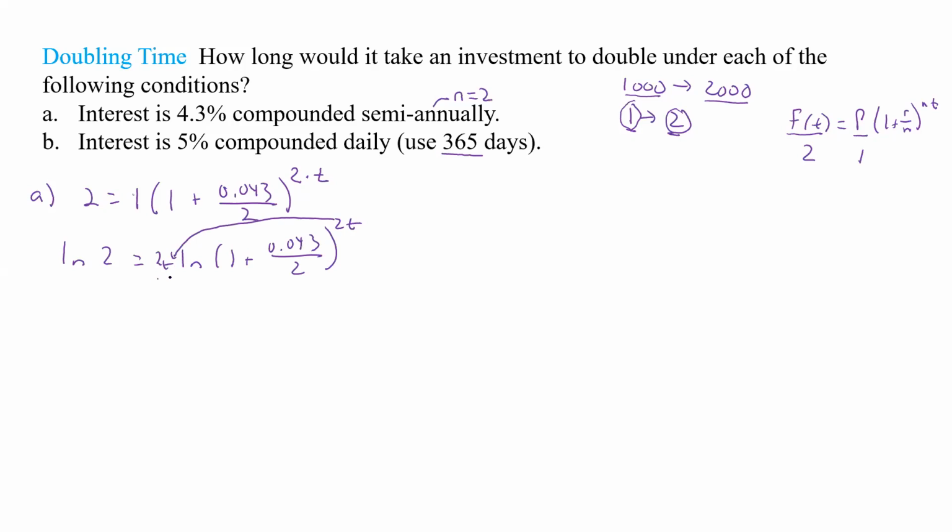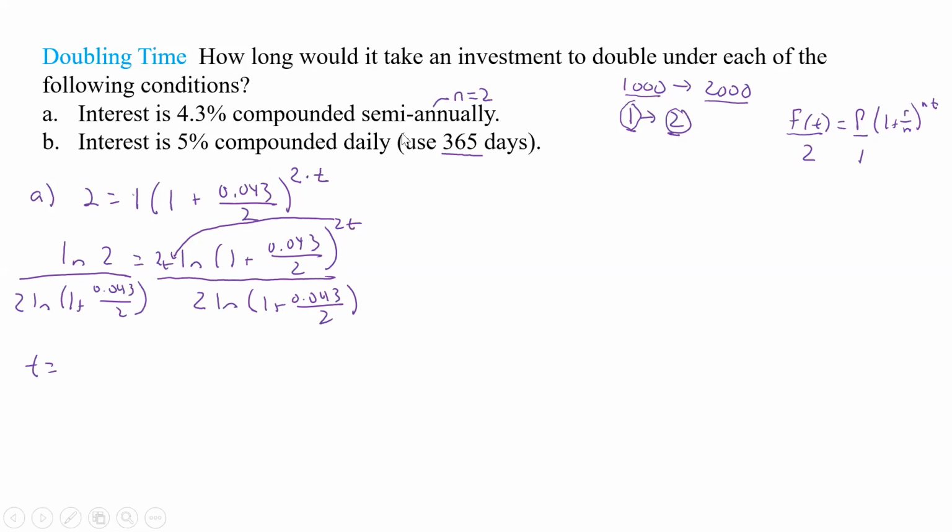We want to solve for t, so we divide both sides by 2 ln of 1 plus 0.043 over 2. The 2's cancel and the ln's cancel, and we're left with t. So t equals, and now let's plug that into our calculator.